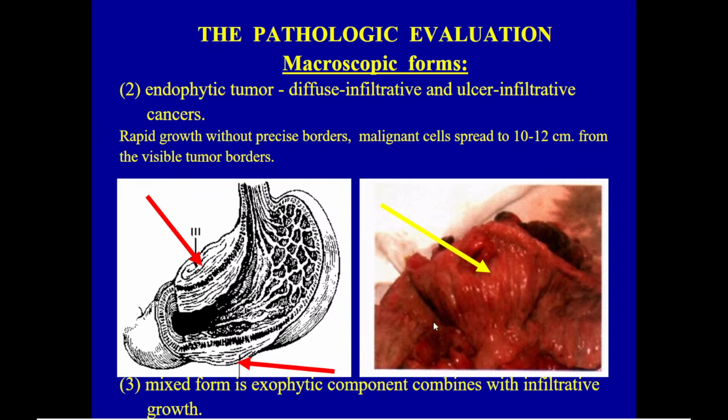Rapid growth without clear borders. Malignant cells spread to 10 to 12 centimeters from the visible tumor borders. Third is the mixed form, in which an exophytic component combines with infiltrative growth.